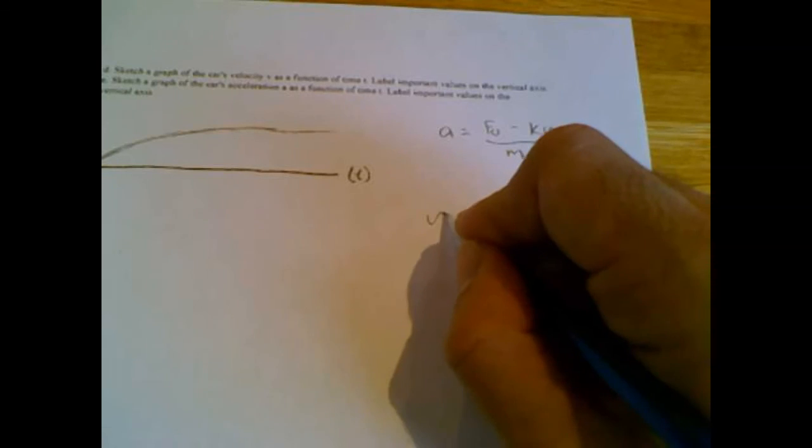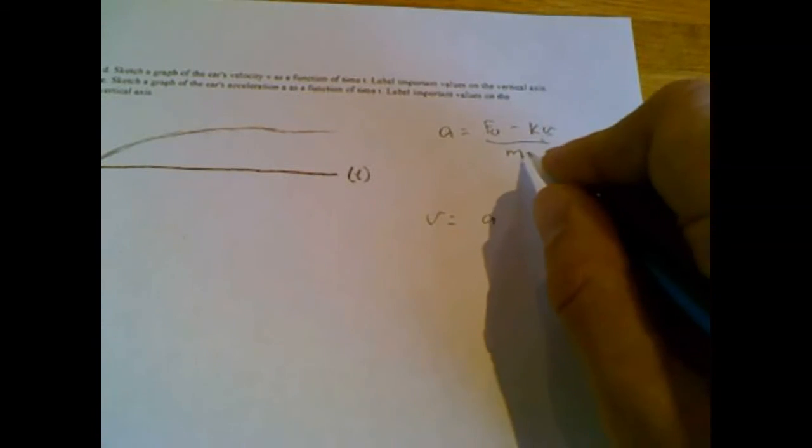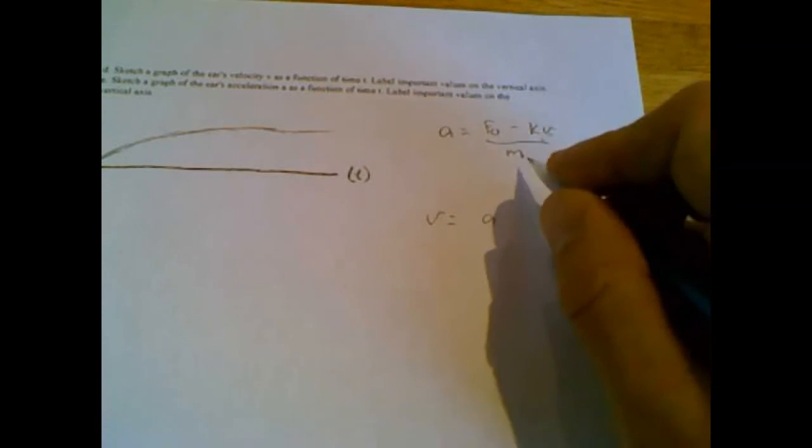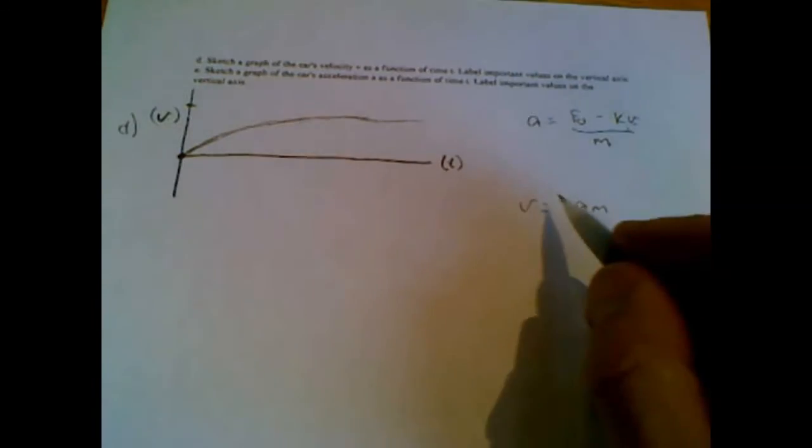Let's solve for velocity. This is a velocity versus time. Velocity is equal to a times m. All right, I'm going to tackle this a different way. I'm going to say that acceleration is f naught over m minus kv over m. That's okay.